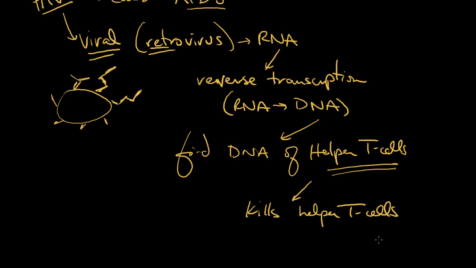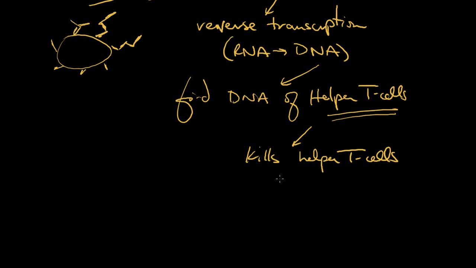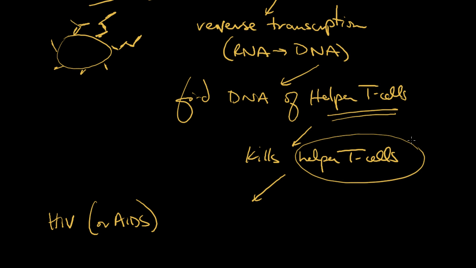So often what happens is, because those helper T cells are so low, someone with HIV or AIDS, and basically AIDS is when these helper T cells hit such a low volume or low concentration in the body that basically the person with this can't fight off a secondary infection.